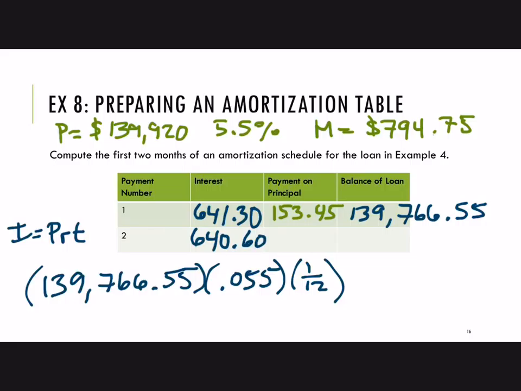Okay, now the payment on principal, now we're subtracting $794.75, the monthly payment, minus the new interest amount. Okay, and that gives a payment on principal of $154.15.